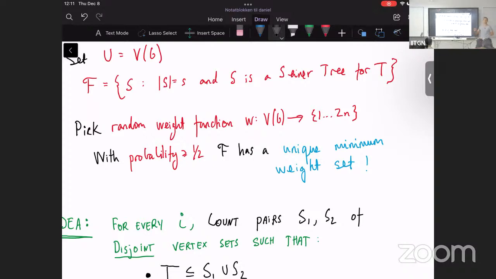Now notice that every Steiner tree of size S now has a weight, so Steiner trees have now both size and weight. And we really only care about their size. Their weight is only there to make sure that there is a unique one of the smallest weight.